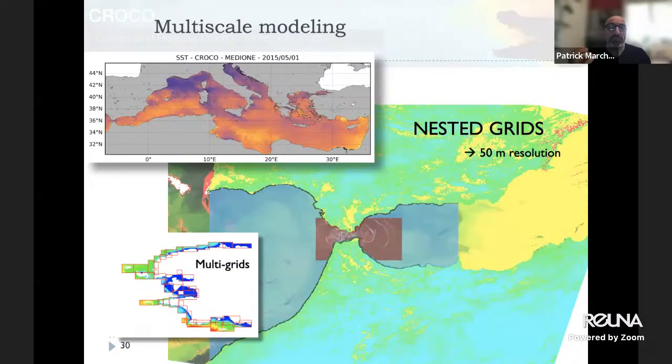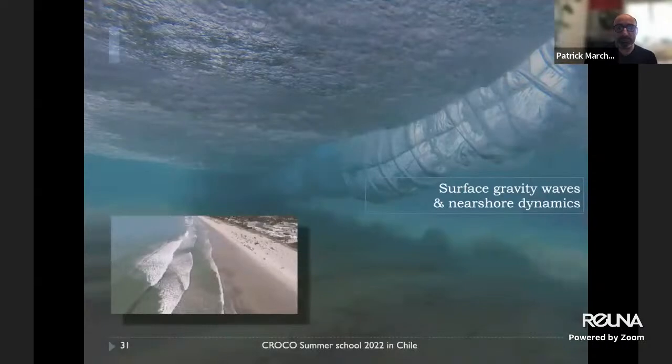So we need to bridge gaps that are very large between the kilometer scale, for example, and the meter scale or the tenths of meters that we want to use for resolving the processes. So nesting is one way to do it, and we are now developing a multi-grid approach in which we can nest more easily and more automatically the different parts of the grid. Then Laurent will talk more about this.